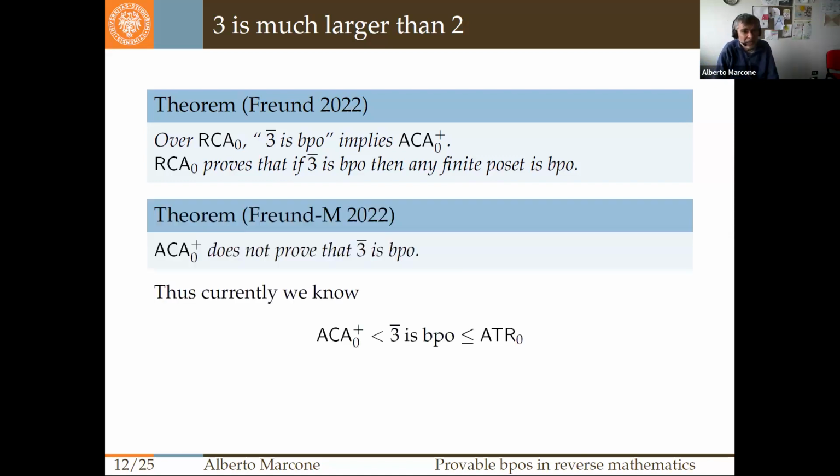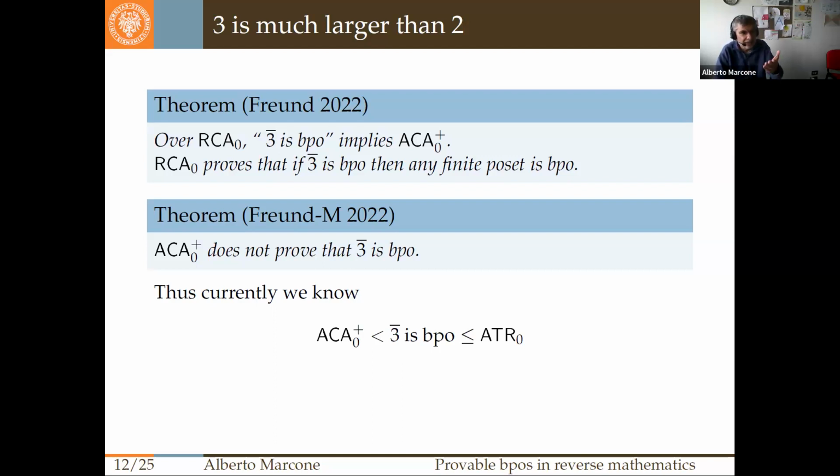And actually, when I visited Anton last December, he was still in Darmstadt. We noticed that you can strengthen his result a little bit, and you can show that ACA naught plus is not enough to prove that 3 bar is a better partial order. So our current knowledge about 3 bar is that it's strictly greater than ACA naught plus.